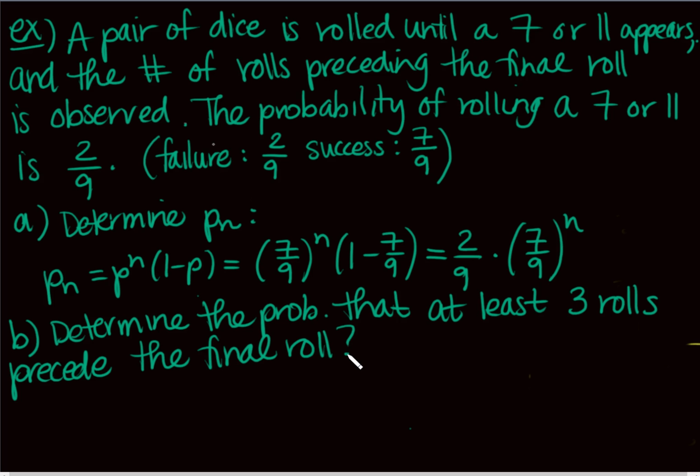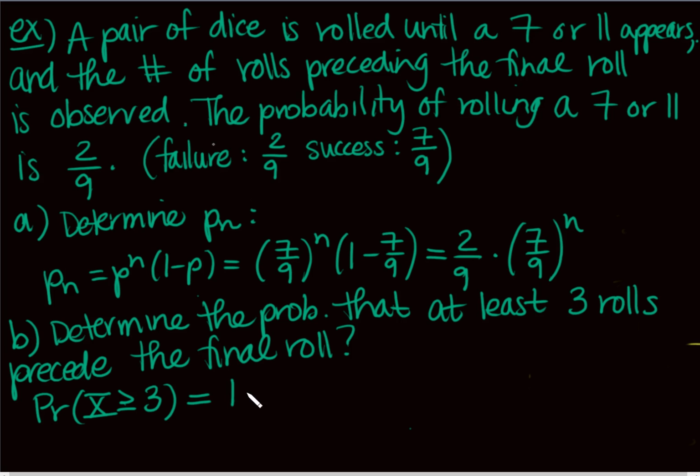Okay, so again, if I want the probability that at least 3, that means I want my random variable to be more than 3 rolls. We're going to have to figure this out again with kind of what we did before. Hypothetically, I could have as many rolls as possible before I get a 7 or 11. That's not very probable, but theoretically that could happen. So what are we going to do?